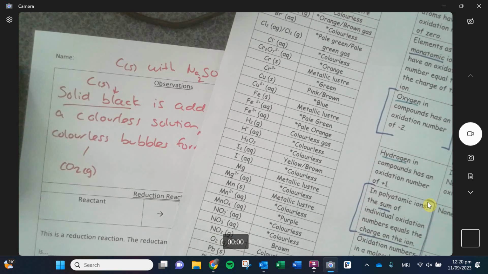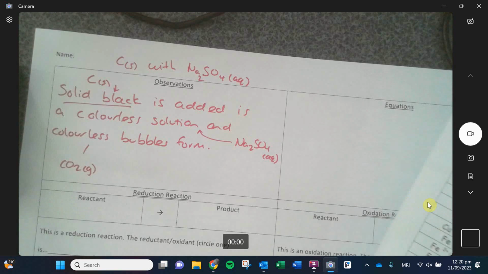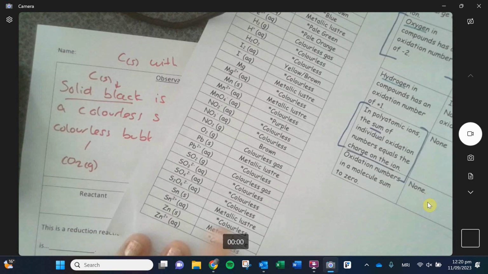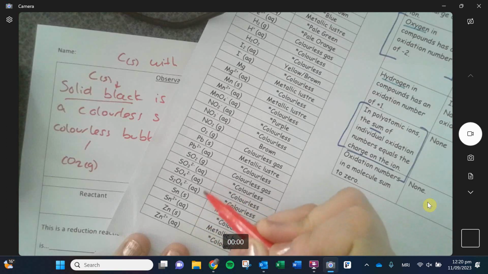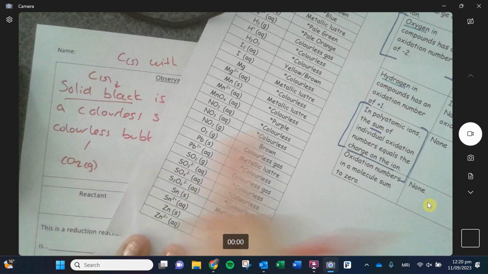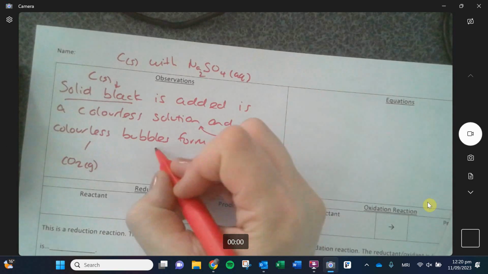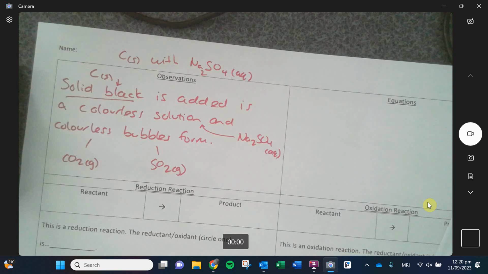There's no metal forming, there's no solid forming, so that eliminates sodium as being part of the reaction. If I look at SO4, there's lots of choices with what SO4 can become. But since it's becoming a gas, that must be SO2 that's forming. Are we okay with that?